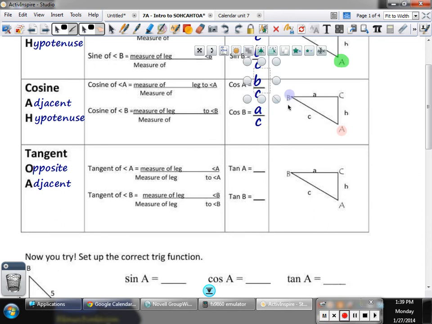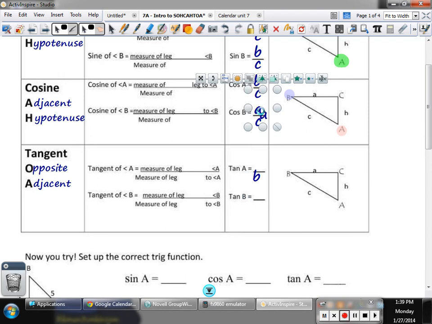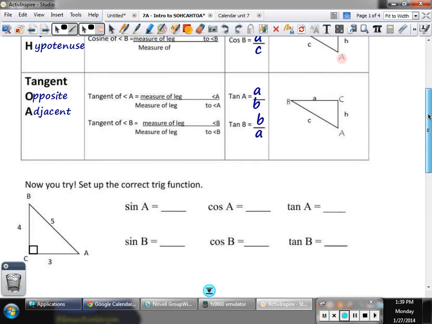So the tangent of A is A over B. And then for the tangent of B, it's just the opposite of that. The tangent of B is opposite over adjacent, so B over A. And again, these are just the relationships that exist. These are all fractions. They're the ratios that exist between tangent, cosine, and sine.